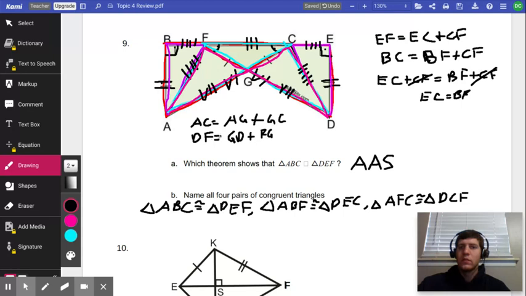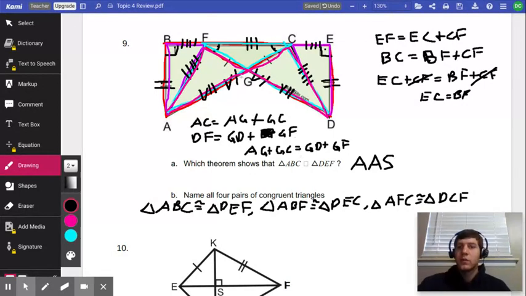We know these are equal to each other, right? So we know AG plus GC equals GD plus GF. What did I put as an FG? Yeah, I should have written it as GF instead of FG. That's all right. Doesn't matter either way.